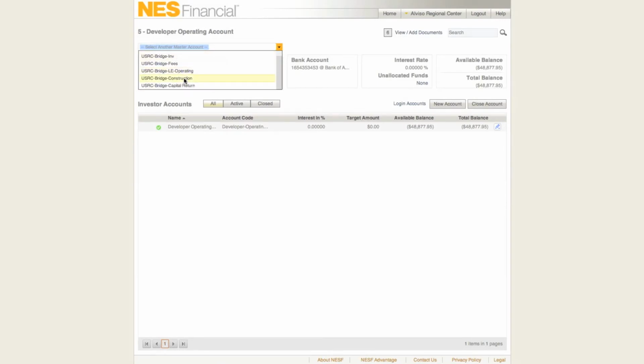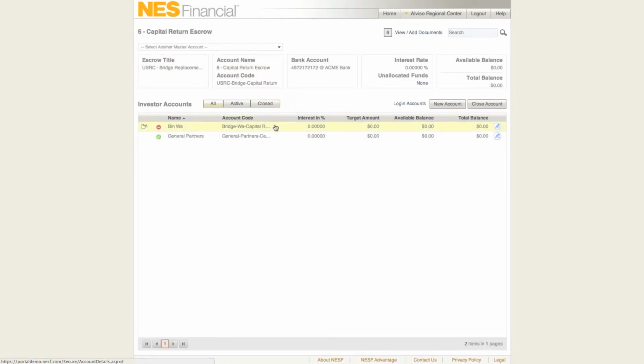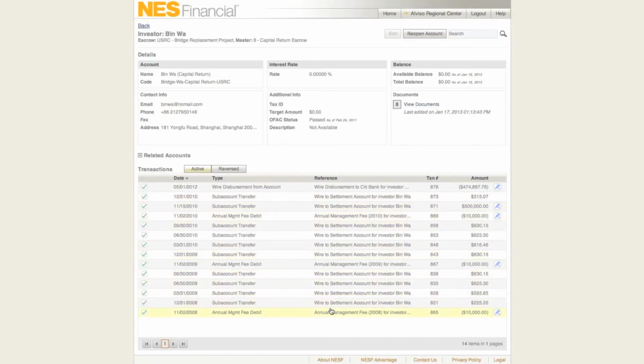Now let's take a look at our capital return escrow for Benoit, where we can see as soon as his money transfers to the lending entity's operating account, we start collecting fees of $10,000 annually.